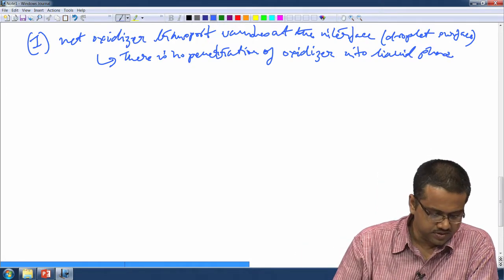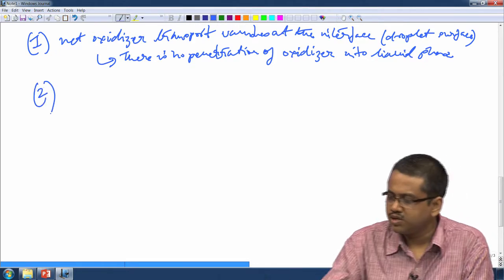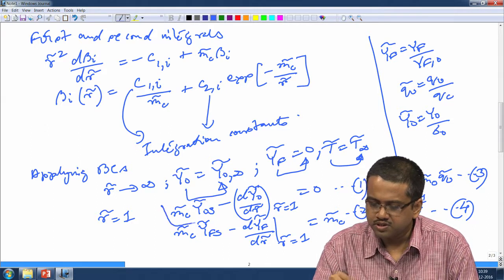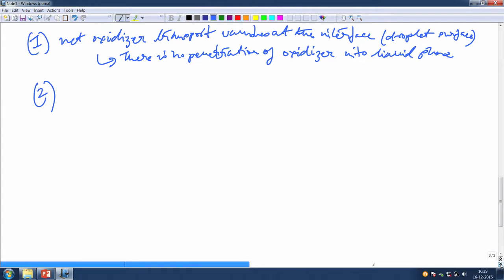Got it? Okay, so that is the first thing that we should know. The second, so this equation, this particular equation that we had, can also be written in a compact Dirac delta type of notation.